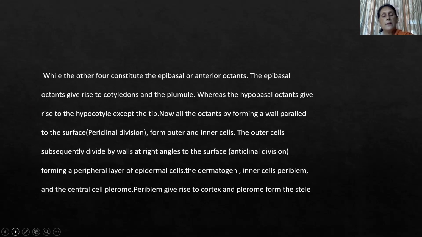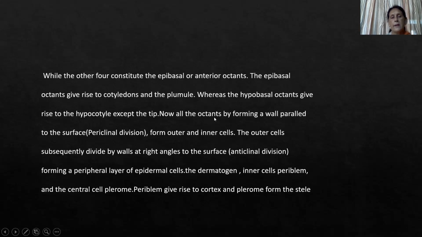Cotyledons are derived from the epibasal octant, and the plumule is the first embryonal axis from which the stem or branches develop. Whereas the hypobasal octant gives rise to the hypocotyl, except the tip. That means the root is derived from the hypobasal octant, but the root tip is not from the hypobasal part.